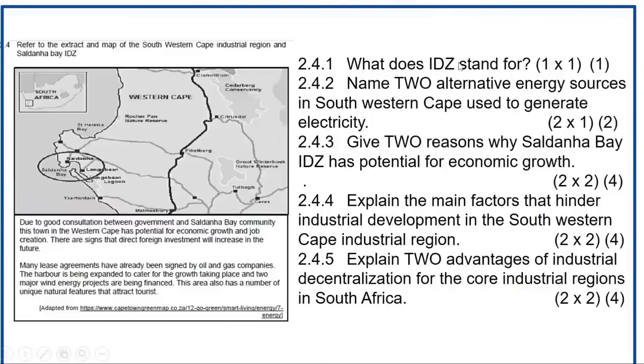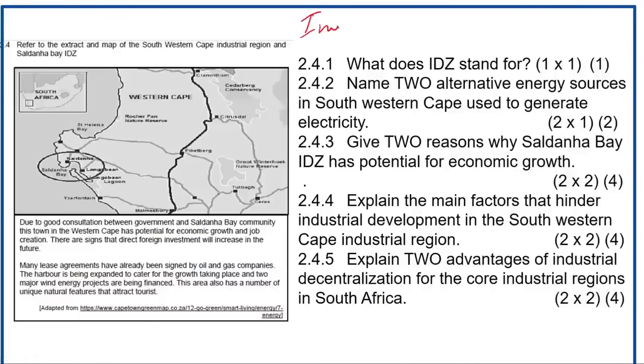Okay, now one of the topics that you're going to do is IDZ. You need to know the definition of what IDZ stands for. IDZ stands for Industrial Development Zone.